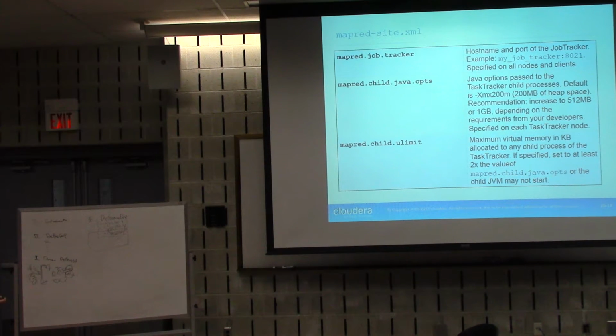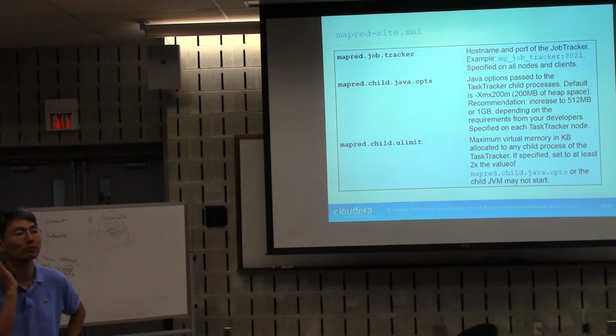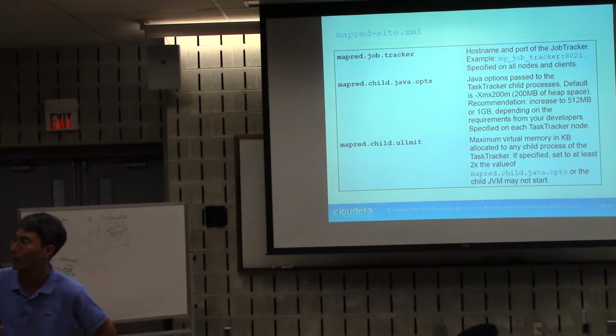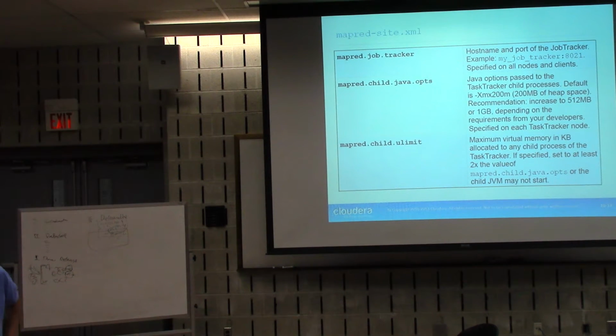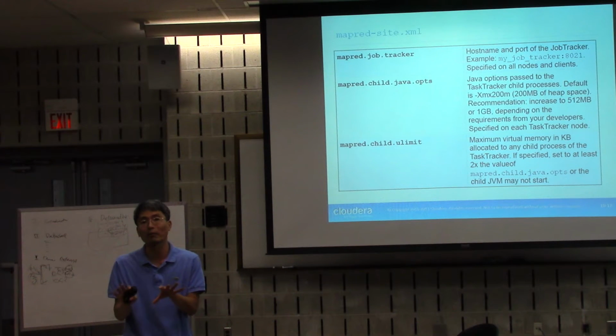And there are job options, because our Hadoop system is based on the Java virtual machine. So sometimes you need to specify the option for Java-specific parameters, such as the heap size. I guess this is the same option used in Java.